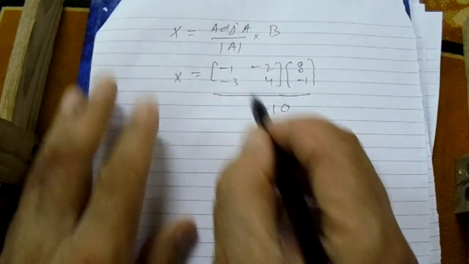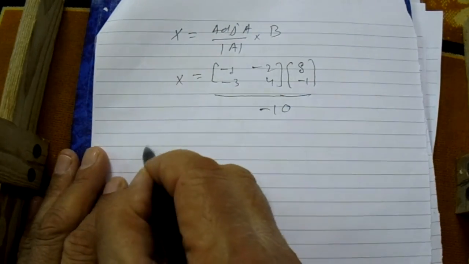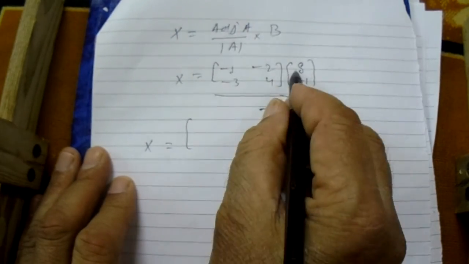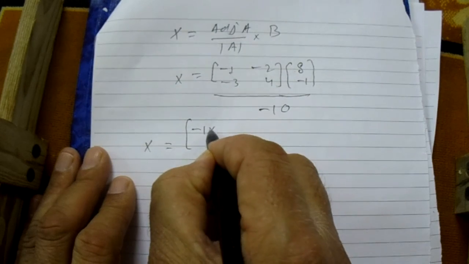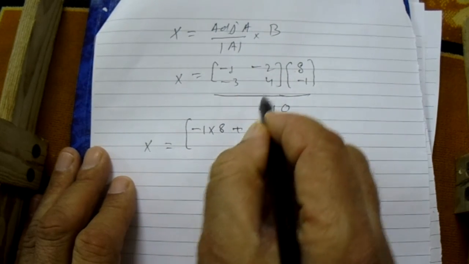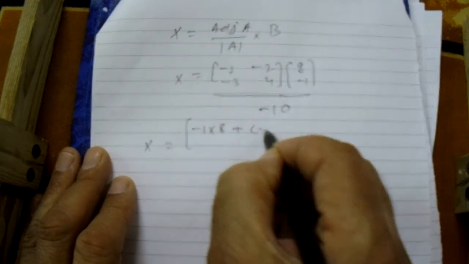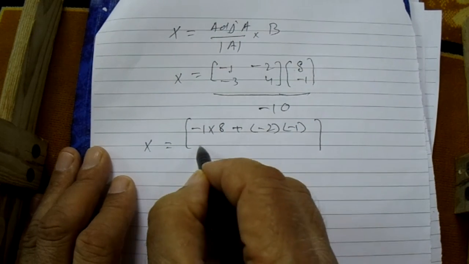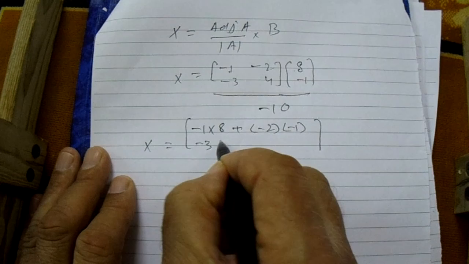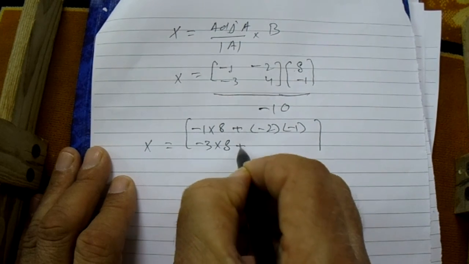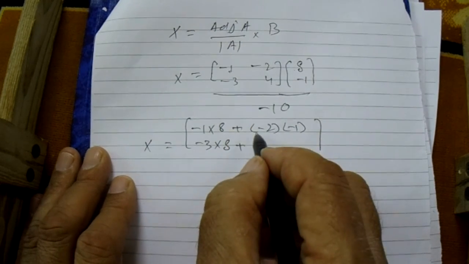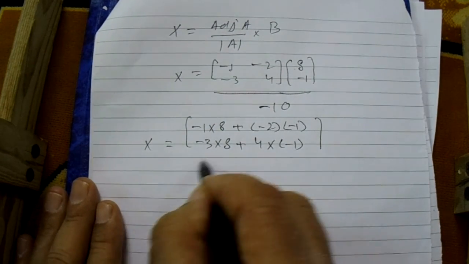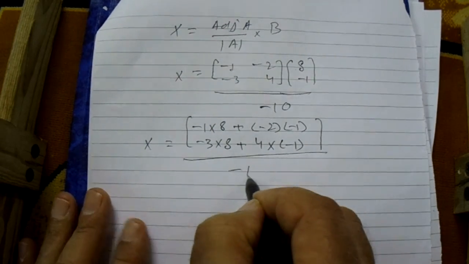Now we multiply. X is equal to -1 multiplied by 8, plus -2 multiplied by -1, and here -3 multiplied by 8, plus 4 multiplied by -1. In the denominator we write -10. So X is equal to -8 plus 2, and here -3 multiplied by 8 is -24, and 4 multiplied by -1 is -4. Again over -10.